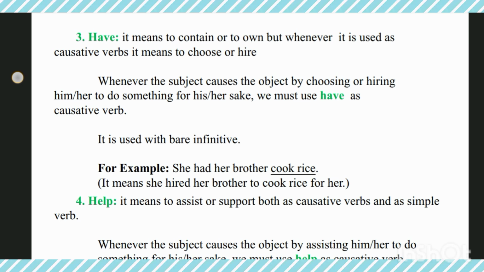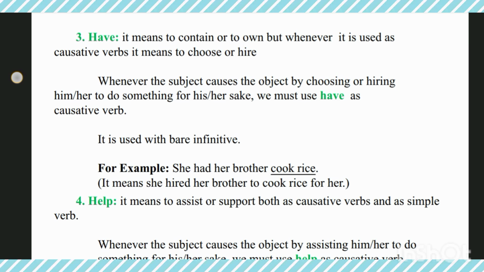Now number three, have. It means to contain or to own, but whenever it is used as a causative verb, it means to choose or hire.